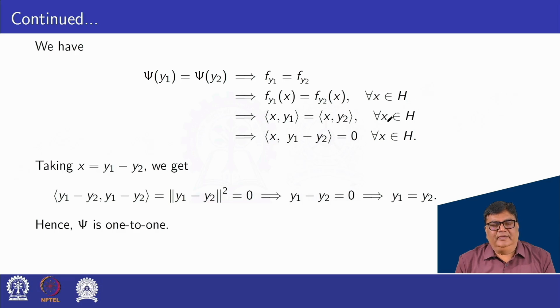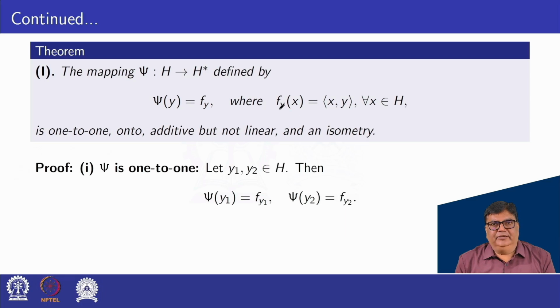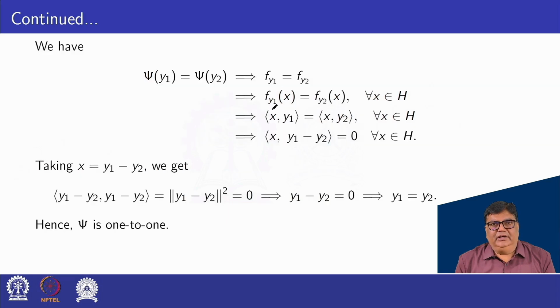As per the definition of Fy x as inner product of x and y, we can write Fy1 x as inner product of x, y1 equal to Fy2 x as inner product of x, y2.